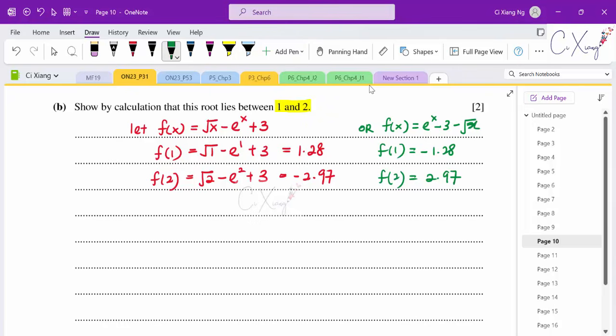Just want to let you know that both are correct. Then you can see the sign change: one is a positive value, one is negative. So you can make a simple conclusion. Sign change can be seen between f(1) and f(2).